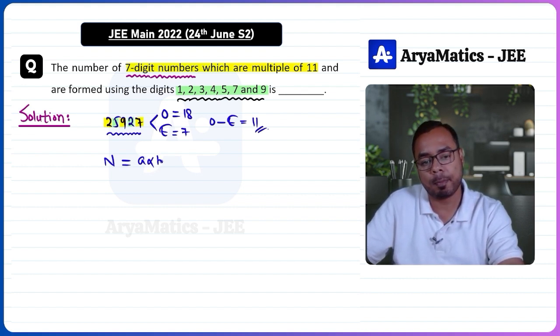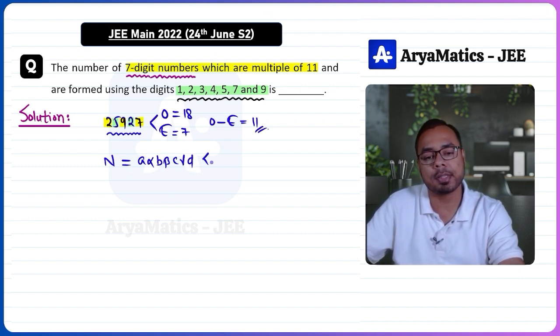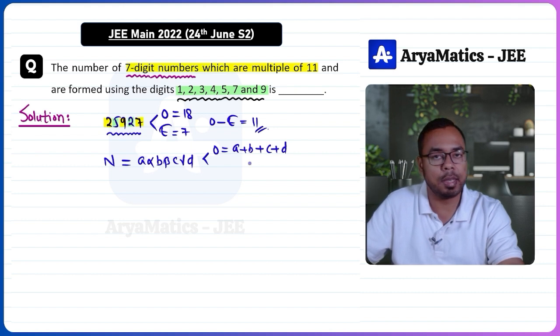So A, alpha, B, beta, then C, gamma, and then D. Let us say this is the 7-digit number that we have. O represents the sum of digits at odd places, so O will be A plus B plus C plus D. And E represents the sum of digits at even places, so E will be alpha plus beta plus gamma.